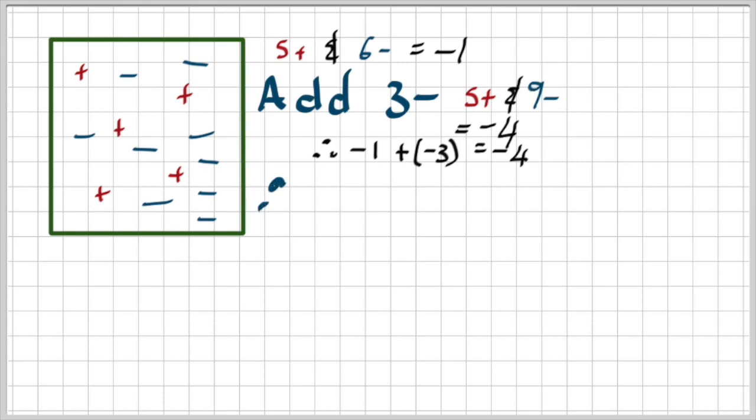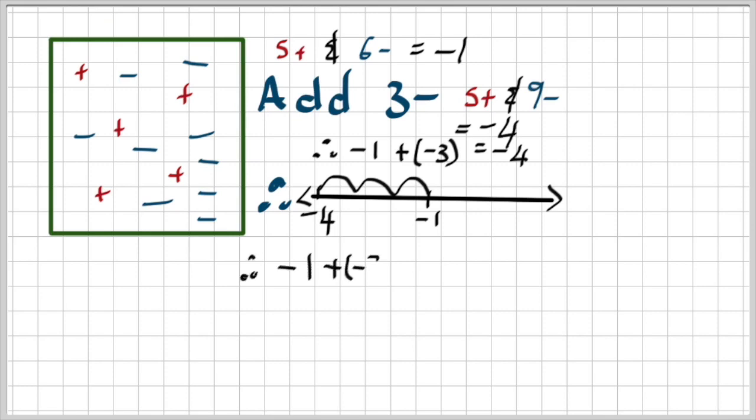But let's look at the numbering system. I started off with -1. I end up at -4. So if I draw my number line, and don't forget your arrows, because they don't stop there, they carry on to infinity and beyond. I've basically said -1 plus -3 is the same as going from -1, 3 in the negative direction.